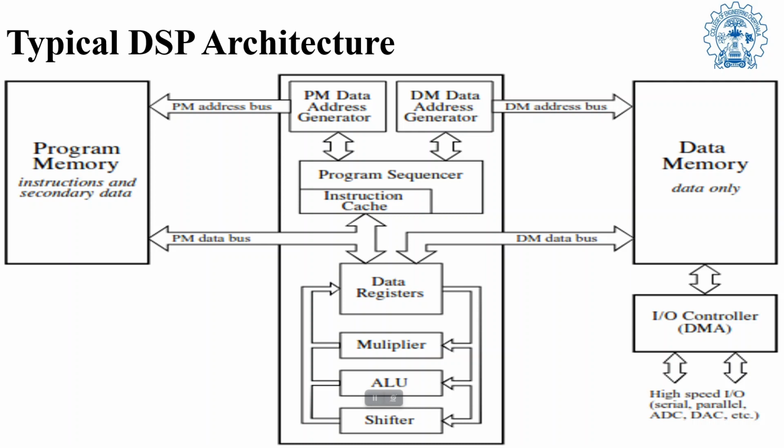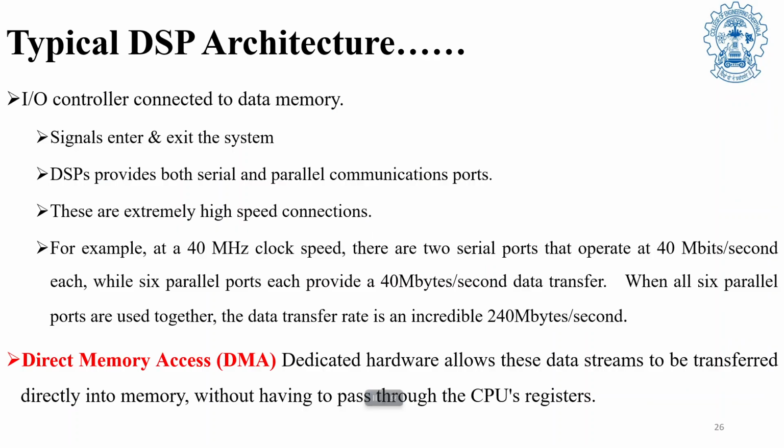In Super Harvard architecture, dedicated hardware allows the data stream to be transferred directly into the memory without passing through the data registers, and this concept is known as direct memory access, abbreviated as DMA.